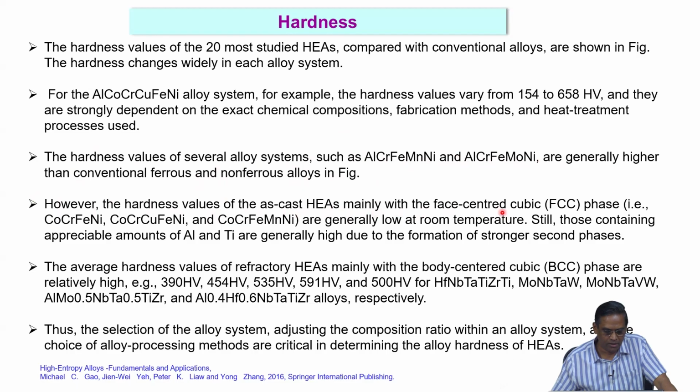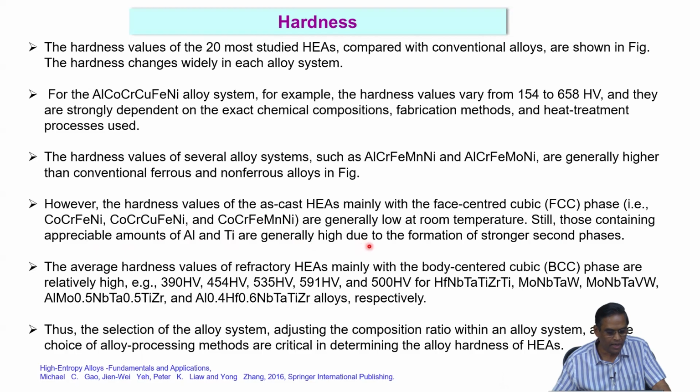However, consider the hardness values of the as-cast high entropy alloys, mainly with the face-centered cubic phase. For example, cobalt, chromium, iron, nickel, or cobalt, chromium, copper, iron, nickel, or cobalt, chromium, iron, manganese, nickel are generally low at room temperature.